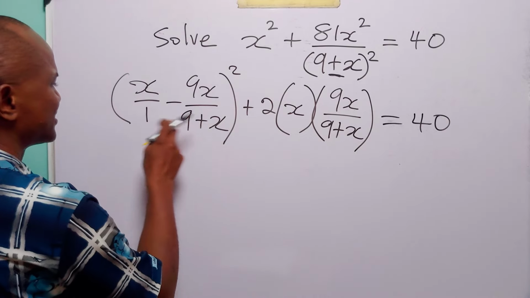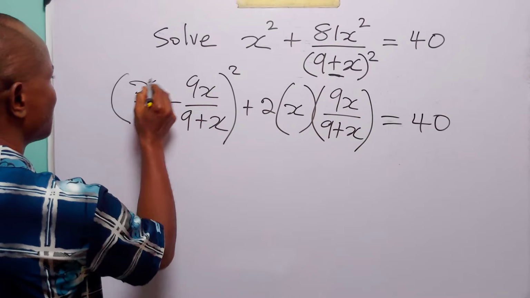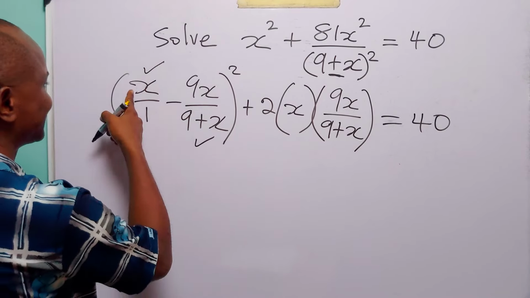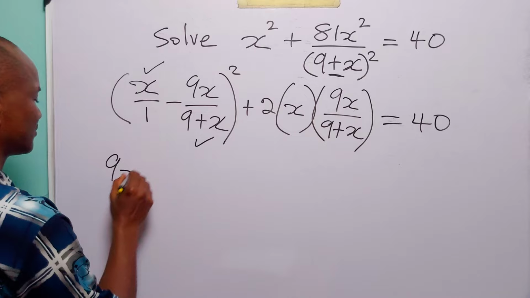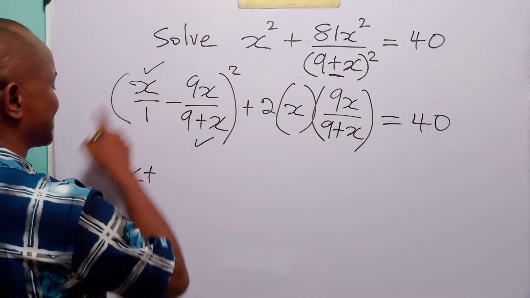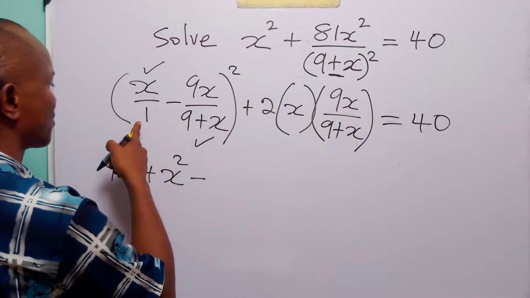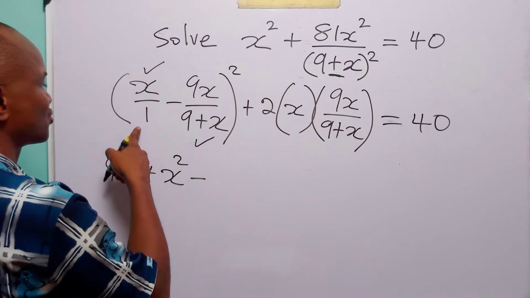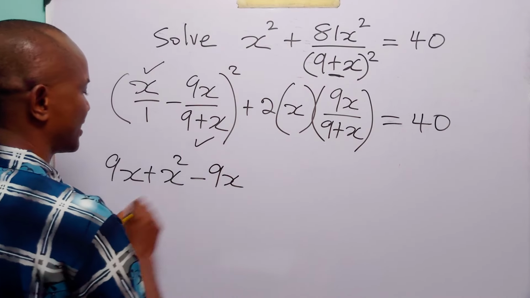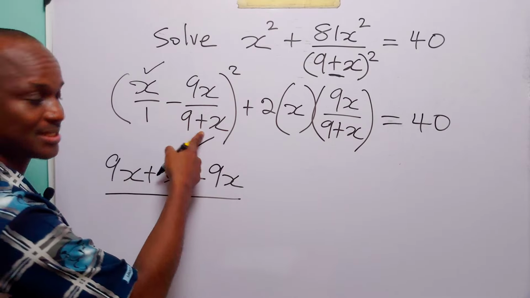Now let us combine these two fractions into one single unit, and you know how we do that. We multiply this by that. So we have 9 times x, which is 9x, plus x times x, which is x squared, minus, we multiply this by that. So 1 times 9x is 9x, divided by, we multiply this by this.